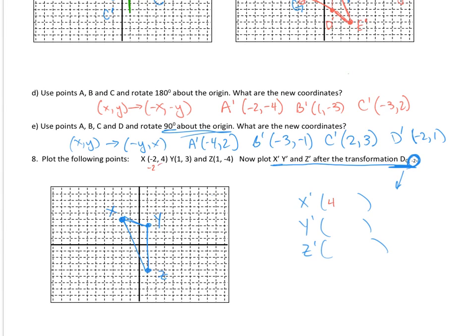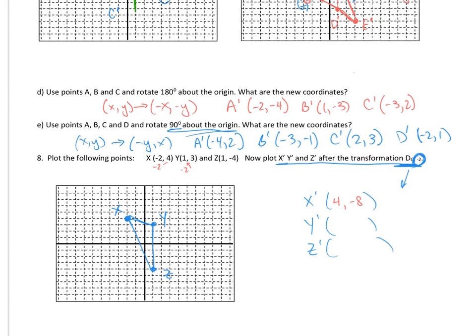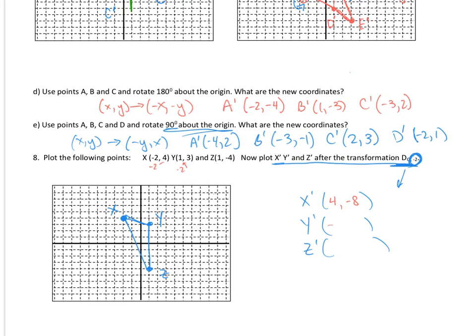And then times this 4 gives me negative 8. Negative 2 times that 1 gives me negative 2, and negative 2 times the 3 gives me negative 6. And then negative 2 times 1 here gives me negative 2, and negative 2 times that negative 4 gives me 8. So now we can go ahead and plot these points.